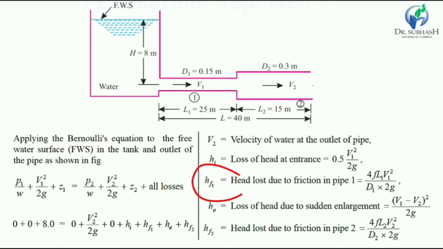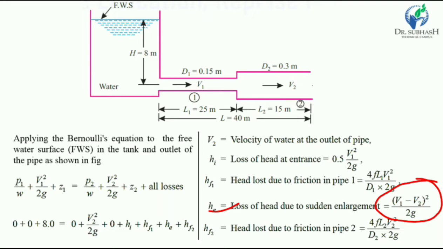The friction head loss is found by the Darcy equation, FLV square upon 2gD. Now at the sudden enlargement, or sudden expansion, losses are found with this equation: V1 minus V2 in bracket square upon 2g.